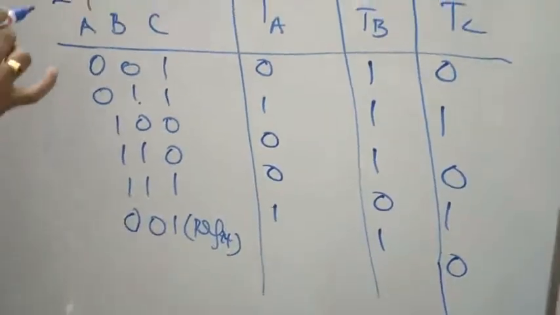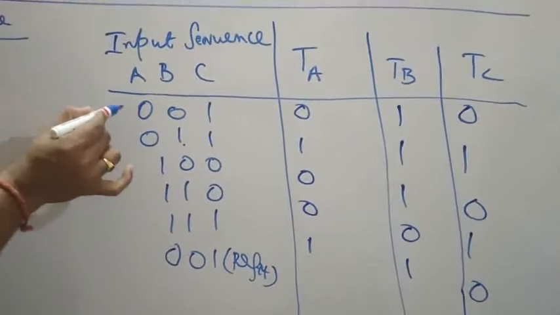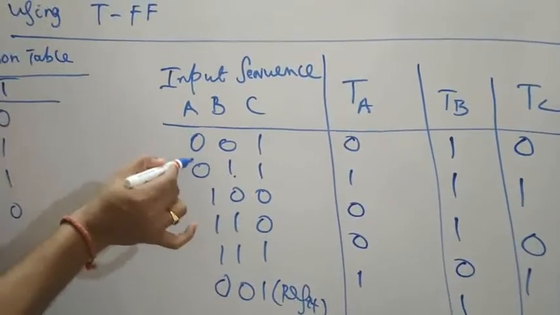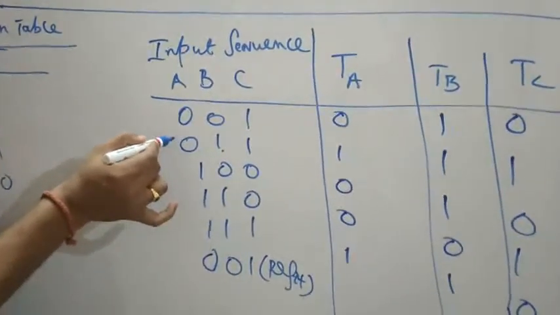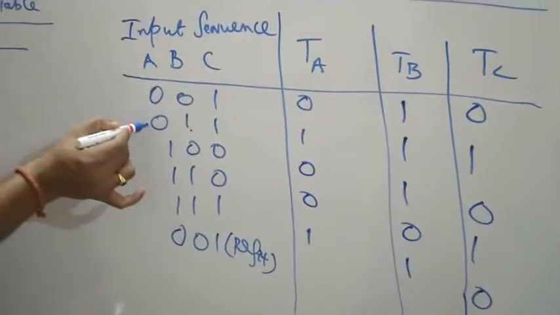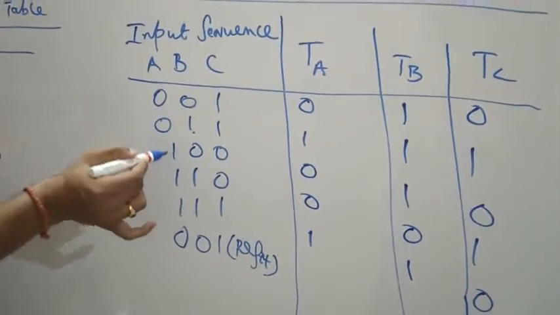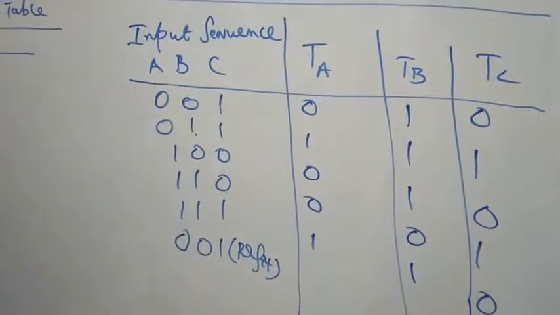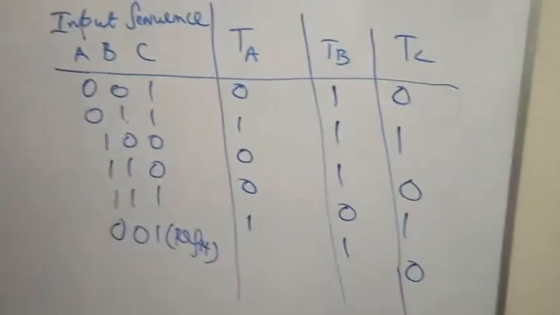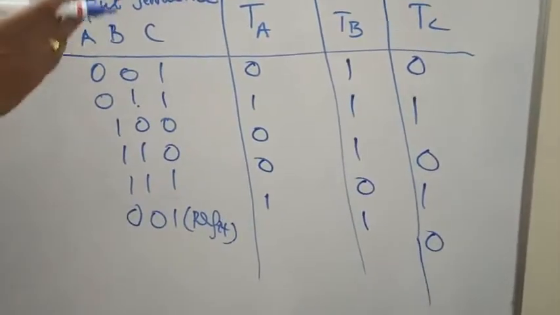So what I am saying is that we assume this as the present state and this as the next state. Similarly, for finding the next value, you assume this as the present state and this as the next state, and so on. Based on this we are finding the values for the T inputs.